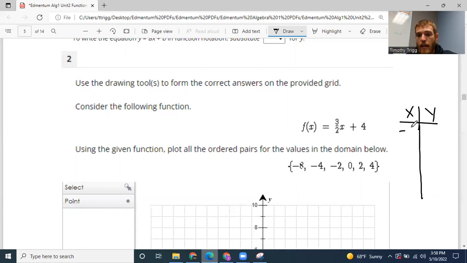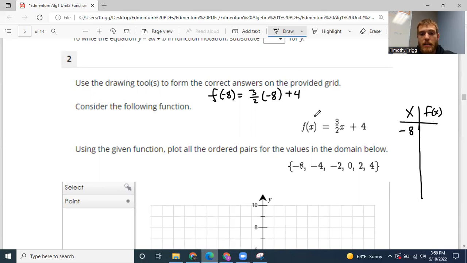I guess here instead of y, I should put f of x. So here I'm going to replace x with negative 8. So what's that going to look like? Well, f of negative 8. By the way, whatever I write, you should be writing down. That'll help you a whole lot in understanding.